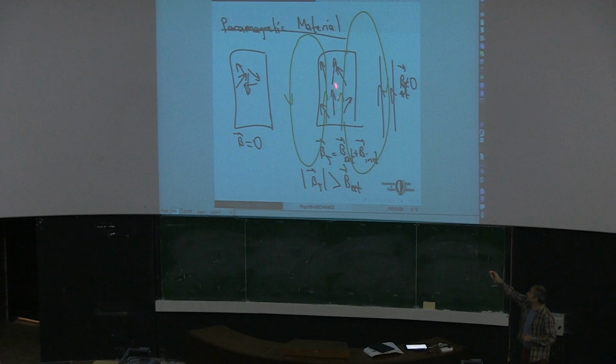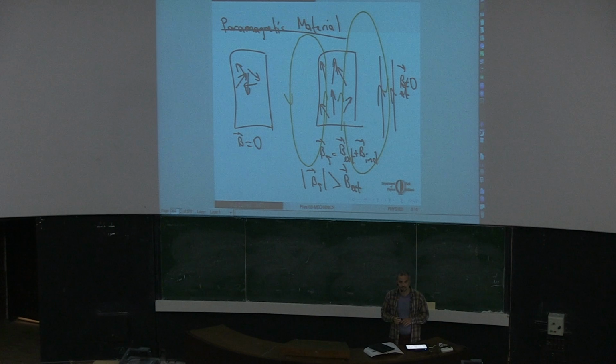It is not canceling it. It is adding to it. Outside, because this is a dipole, the magnetic field will be in the opposite direction, and hence the intensity of the magnetic field outside will be smaller. This is external.